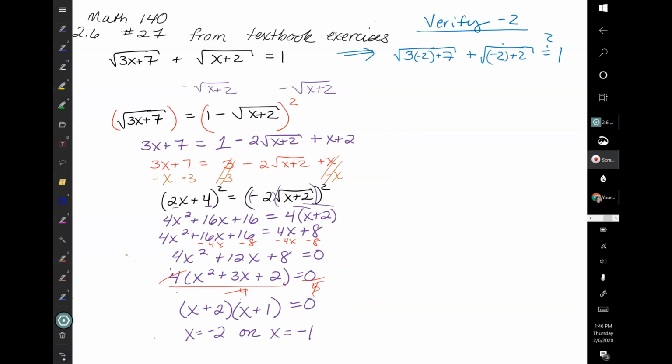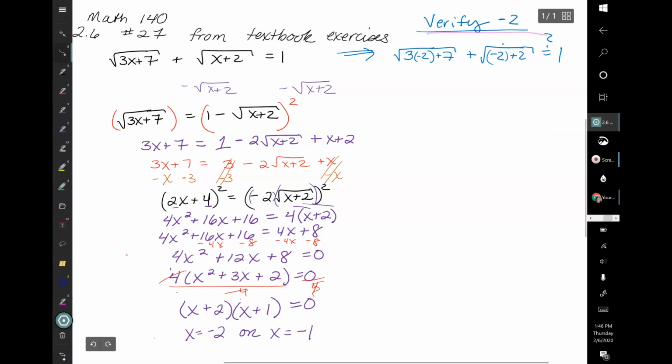Okay, so off to the right, if you look up here, I have verify negative 2 and see how that goes. Over here, we want to definitely use the original equation, not anything we manipulated, not even this stage there. So first thing I did was plug in the negative 2. And then I put a question mark here to see, is that equal? And then I am going to just calculate that out.